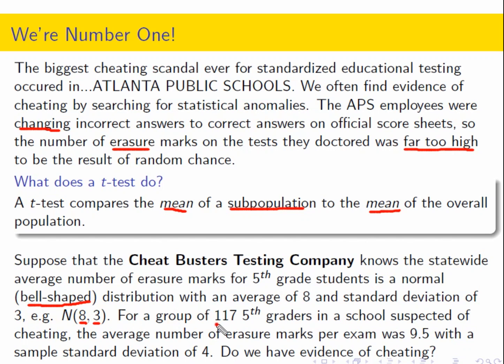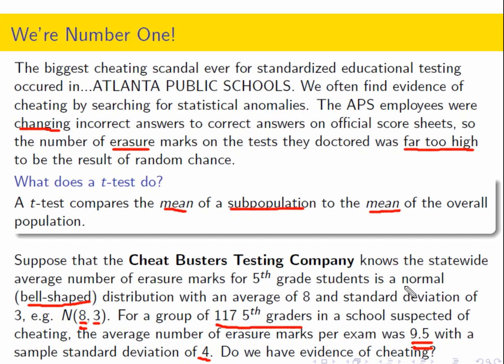So let's just suppose they had 117 5th graders in this school that was suspected of cheating. And so instead of the 8 erasure marks, let's just suppose there's just a tiny difference here, right? Now we have a group in this school where the average number of erasure marks is 9.5, and they have a slightly different standard deviation. And the question is, do we have evidence of cheating?